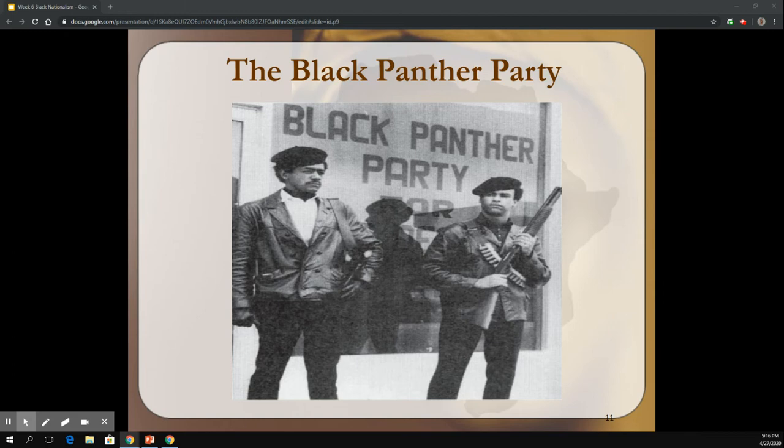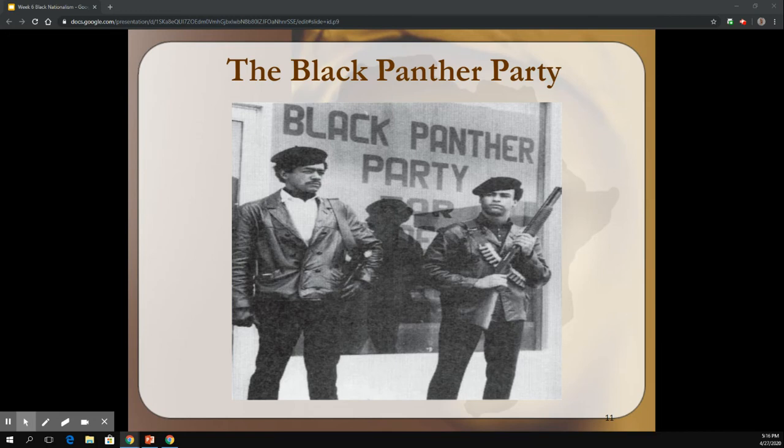The Black Panthers protected Black people from police brutality and spoke against capitalism and racism. The founding document of the Black Panther Party was a 10-point program in which they outlined the major issues Blacks faced, demands, and the party's goals.